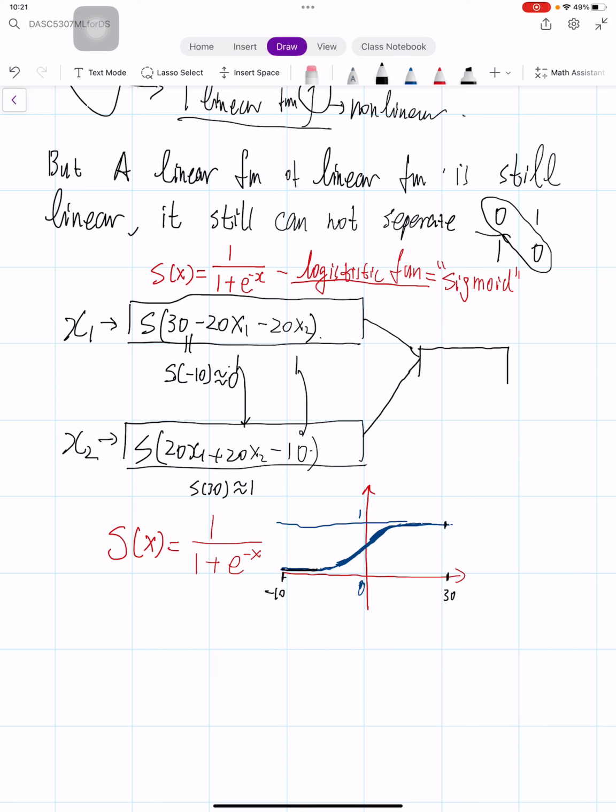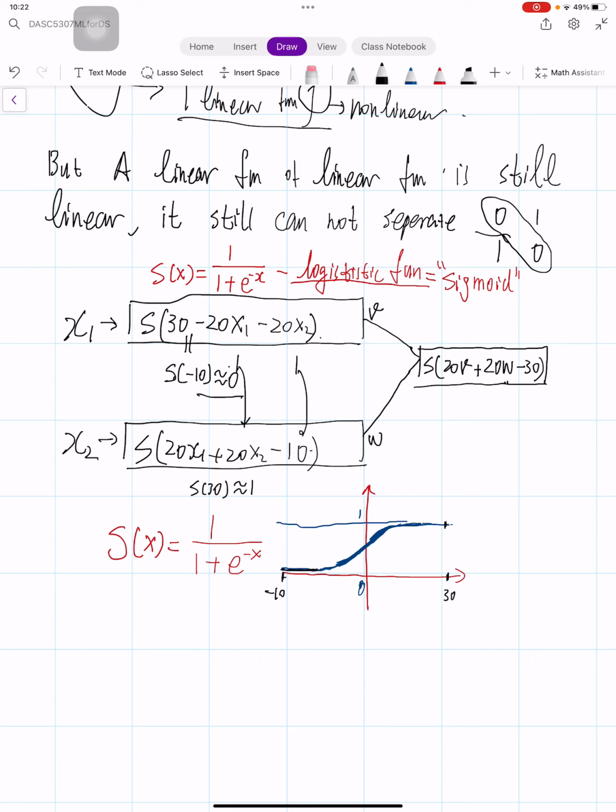We get the second combination, S of 20V plus 20W minus 30, where we call the first output V and the second W. Remember at the first layer, if we plug in x1, x2 equal to 1, we get 0 and 1.